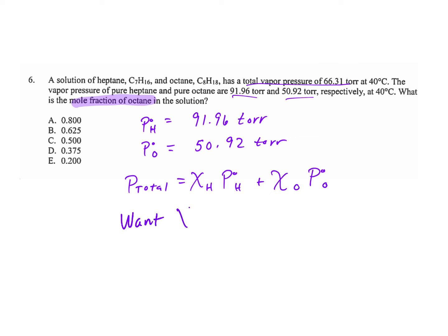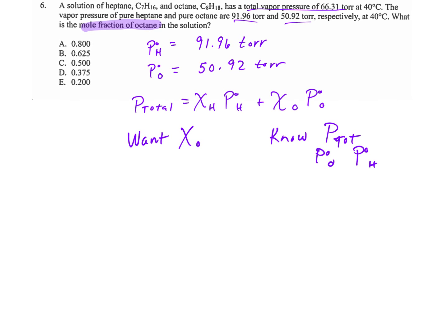Let's write this then. We want mole fraction of octane, and we know P total, P naught octane, P naught heptane. Now we need what? We need to know something about mole fraction. We have two things and we're mixing it together.